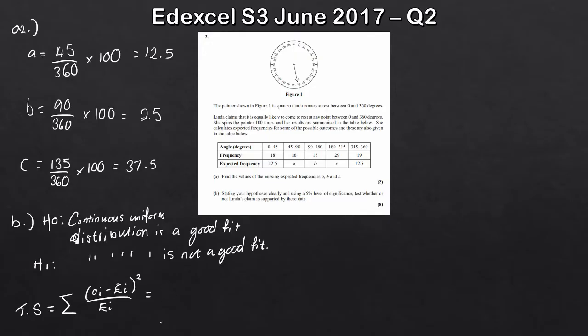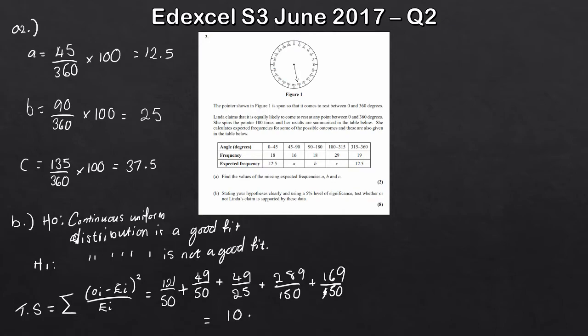I'm not going to write these out because they're basic calculations, but what you should get here is 121 over 50 plus 49 over 50 plus 49 over 25 plus 289 over 150 plus 169 over 50. Now just add all these up because we need to sum it. That'd be 10.67 there.